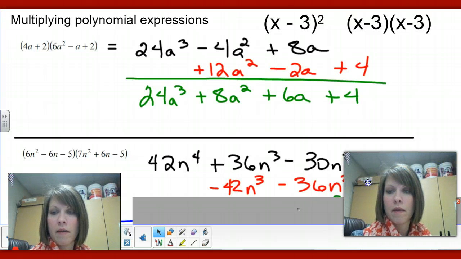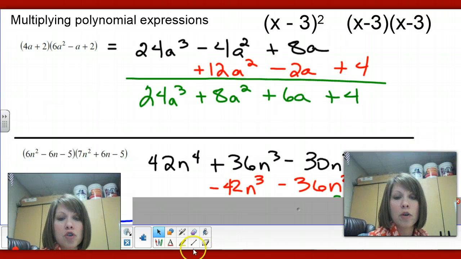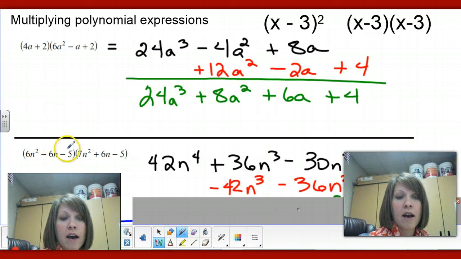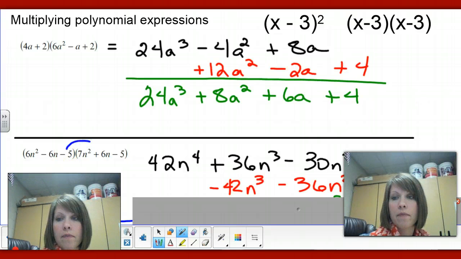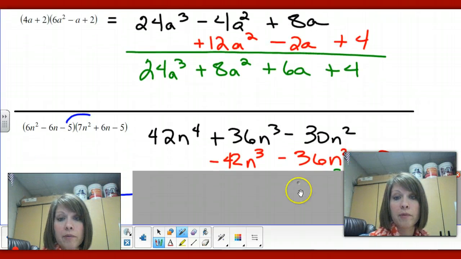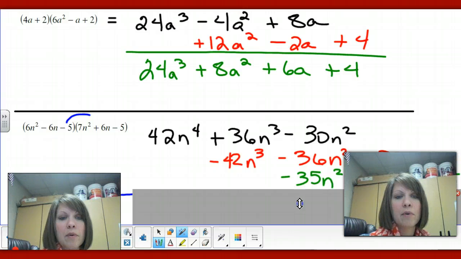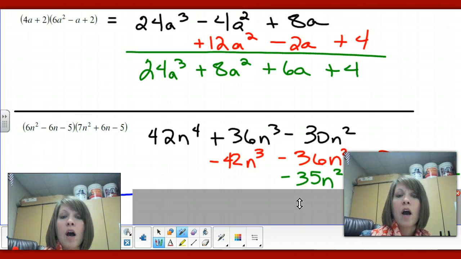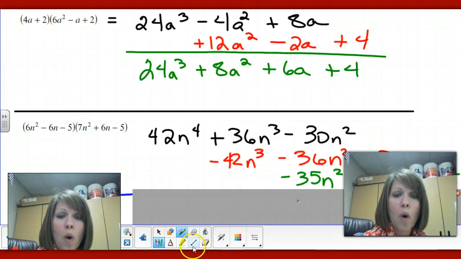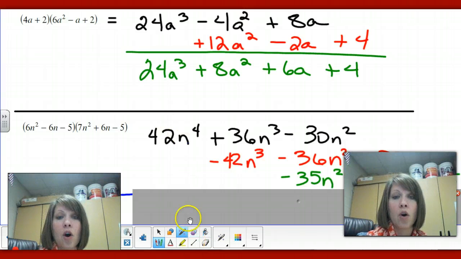All right, and that's going to change an answer here in a minute. And then we're going to distribute, finally, the negative 5 through all of them. Hopefully I didn't make any mistakes on this one. That would be negative 35n cubed minus 30n plus 25.